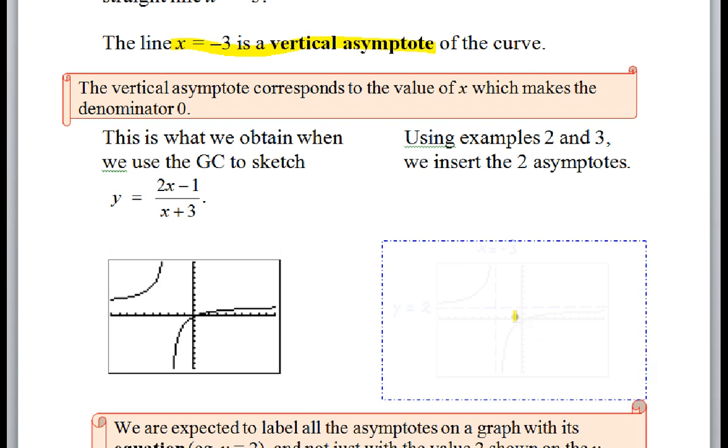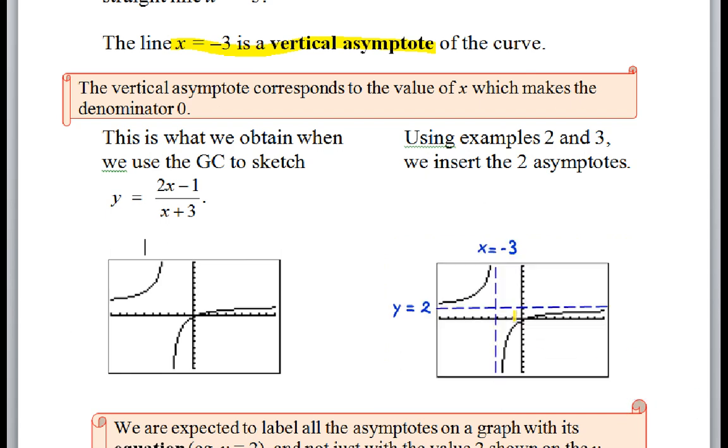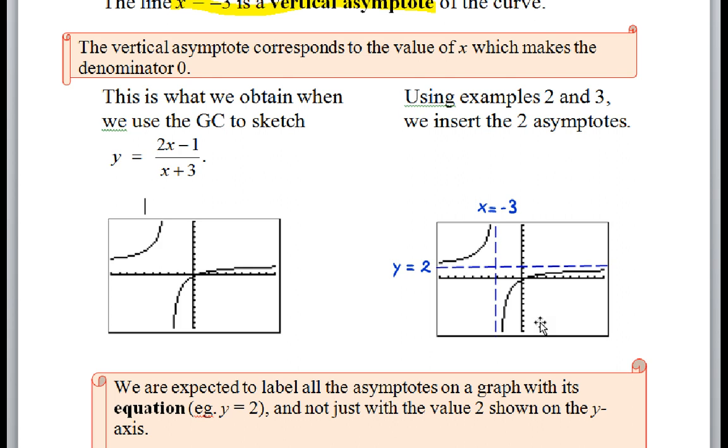So we should then indicate the asymptotes in dotted line and label them. I repeat, you should sketch your asymptotes in dotted line and label them.